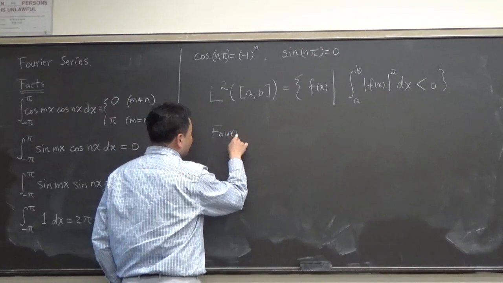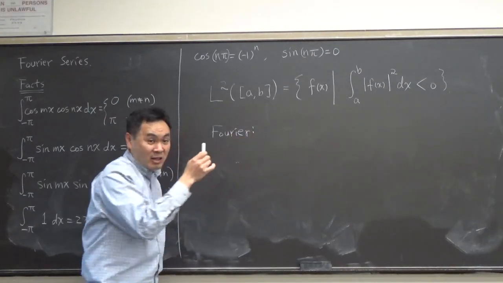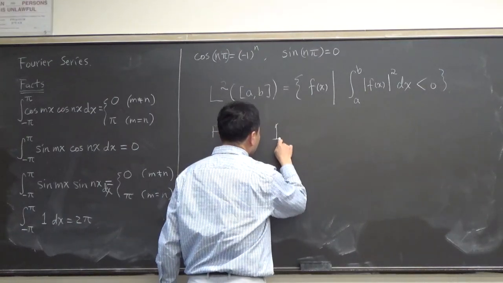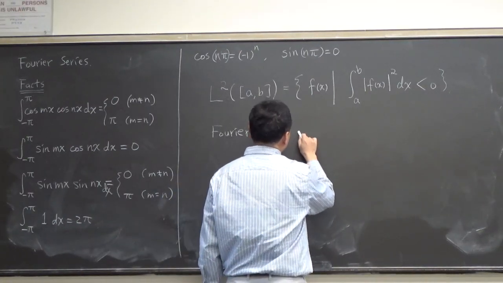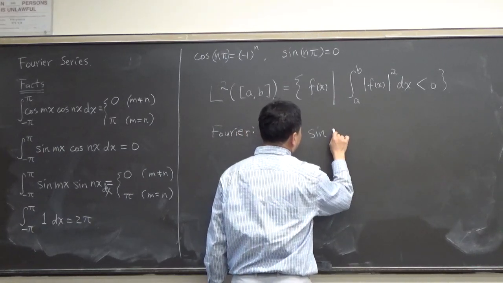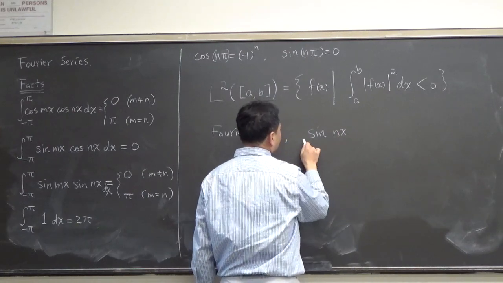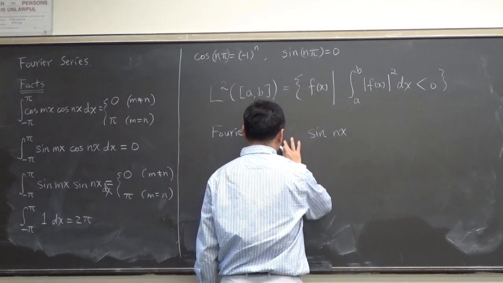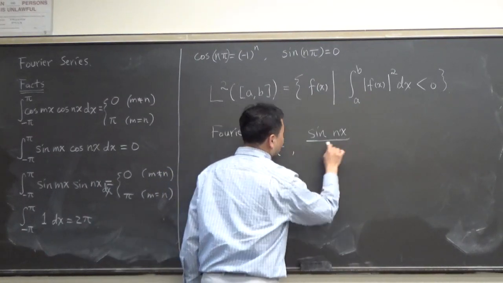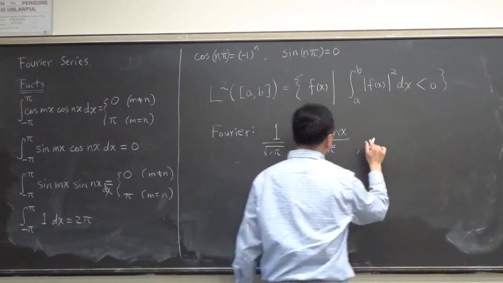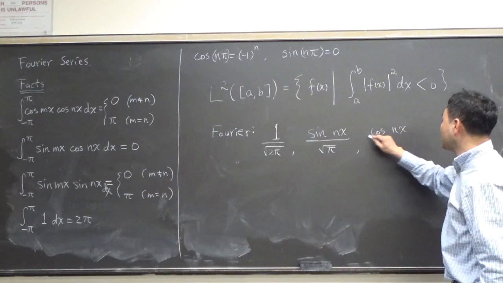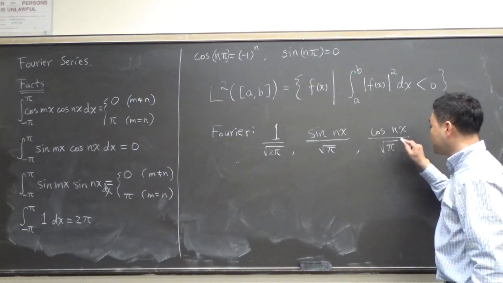Here's Fourier's claim. You have to have one, 1 over square root of 2 pi, then sine of nx over square root of pi, and cosine of nx over square root of pi.